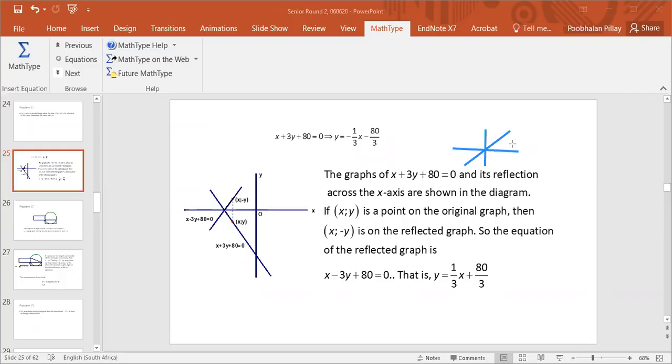Then your new point switches coordinates. 2, 3 becomes 3, 2. 5, 6 becomes 6, 5. The new point, the reflected point. So please remember that, because we will be using that fact at some time or the other.